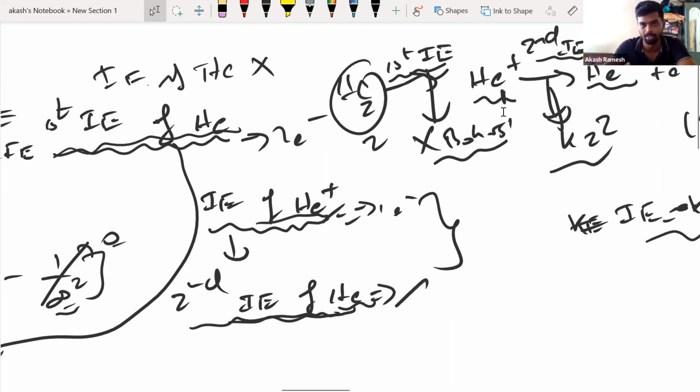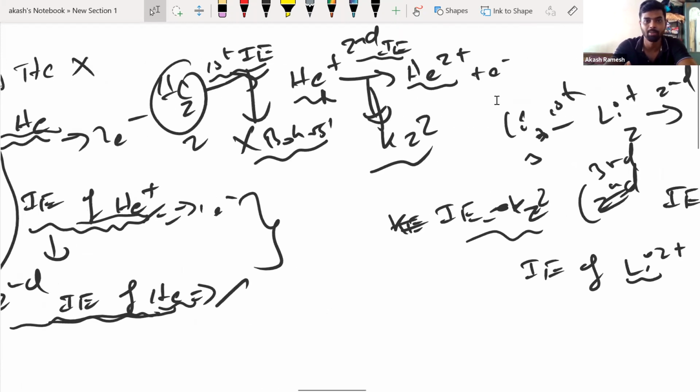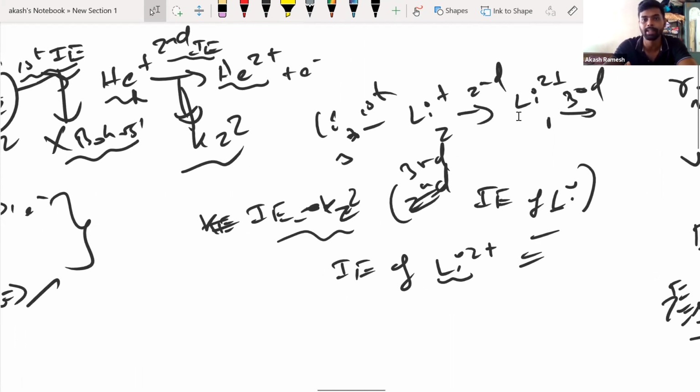He contains 2 electrons. Same goes with lithium: I'll be able to find only the third ionization energy, because after it forms Li2 plus, then only it has 1 electron.